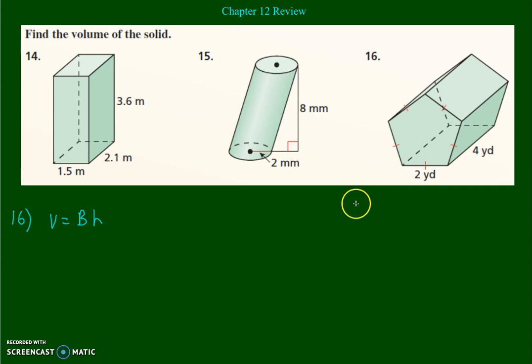So we know that the area of the base is the area of a regular polygon, which is 1/2 pa, 1/2 perimeter times apothem. Perimeter is straightforward. The apothem is going to require a little bit of work. So let's go ahead and draw our representative central triangle.